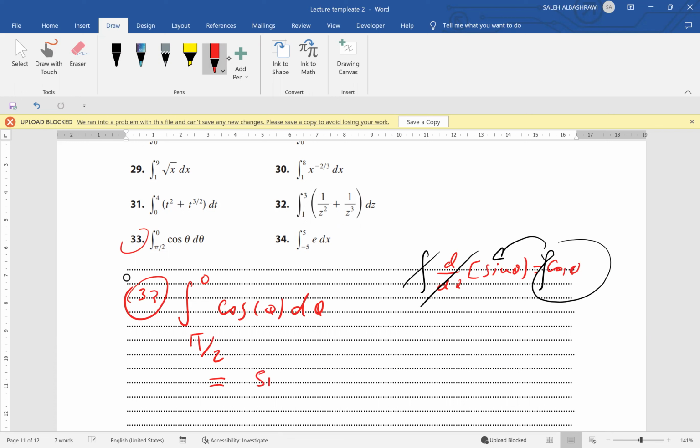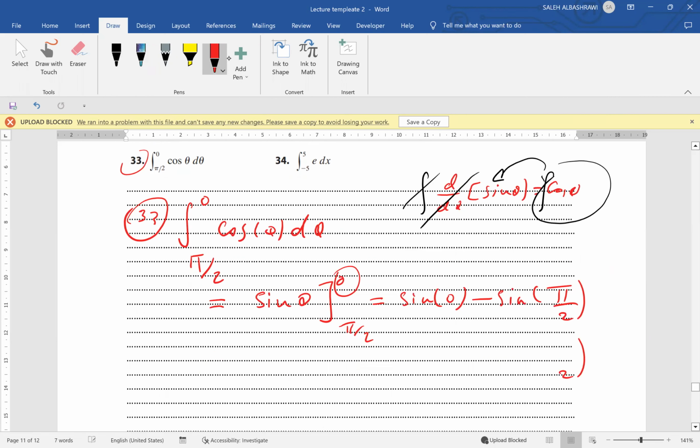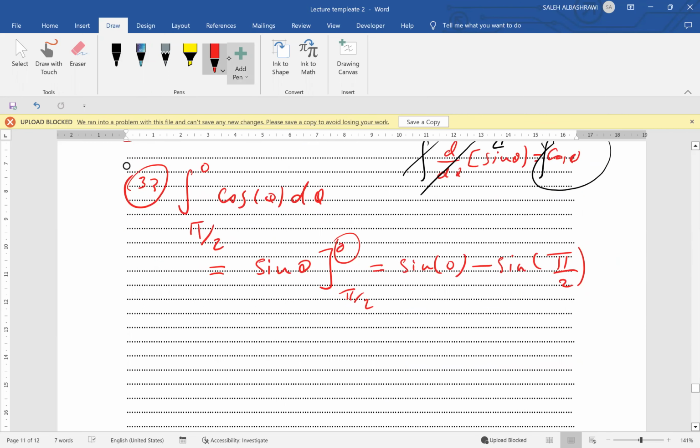So this is equal to sine theta, from pi over 2 to 0, which is equal to sine of 0, this is my upper limit, minus sine pi over 2. We know that sine of 0 is equal to 0 and sine of pi over 2 is equal to 1. So this is 0 minus 1, which is equal to minus 1.